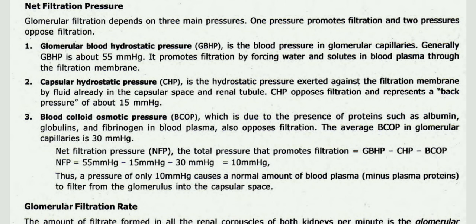Then blood colloid osmotic pressure, BCOP, which is due to the presence of proteins such as albumin, globulin, and fibrinogen in blood plasma, also opposes filtration. The average BCOP in glomerular capillaries is 30 mmHg. Net filtration pressure, the total pressure that promotes filtration, is equal to GBHP minus CHP minus BCOP.